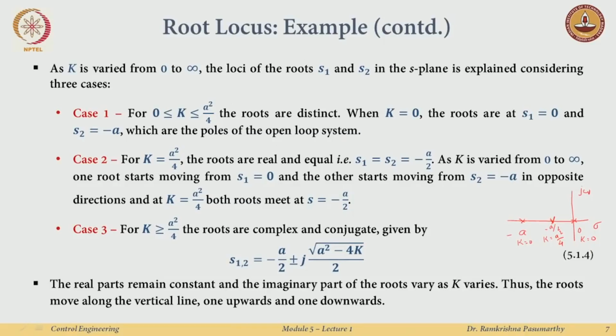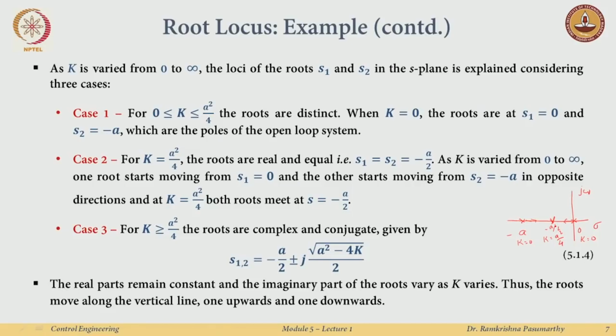So, when k changes from 0 till it reaches a square by 4, this root starts moving here and this root starts moving here, until they both meet at this point, which is just minus a over 2.